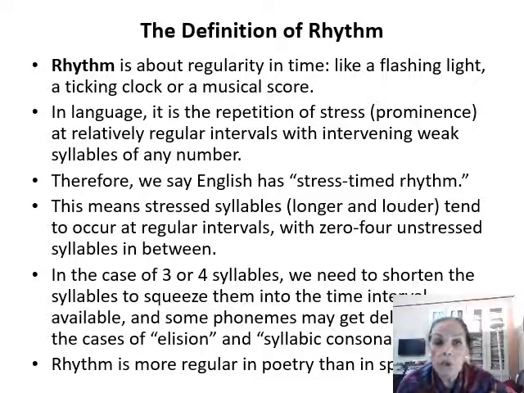So rhythm is about regularity in time, like a flashing light, a ticking clock, or a musical score. It's used in music, of course. Otherwise, music will be chaos. In language, it's the repetition of stress. Stress, you go back to where we worked on stress.